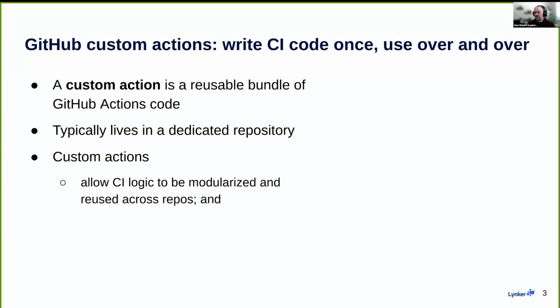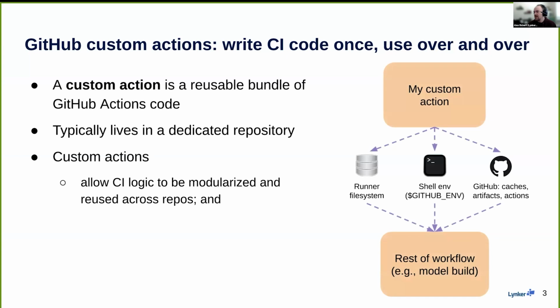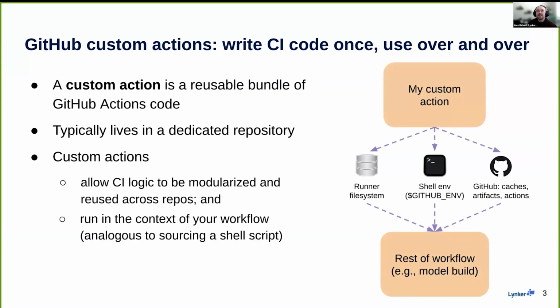Custom actions allow CI logic to be modularized and reused across repos, and with some caveats, it runs in the context of the calling workflow. It may be helpful or confusing to say that I consider it analogous to sourcing a shell script, in that it runs within the same context where you're calling it.